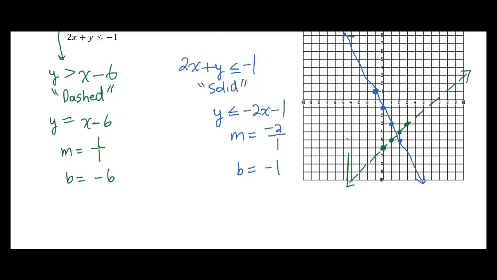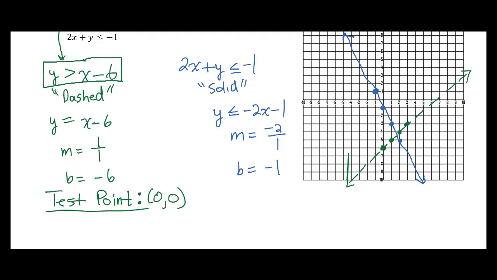Okay. Now, I'm going to choose test points. And you could have already chosen your test points. You don't have to do it in this exact order, as long as you can graph and find your solution area, your region where all your solutions lie. For this green line, my first inequality, I'm going to choose the test point 0, 0. And I'm going to plug in 0 for x and y into my original inequality.